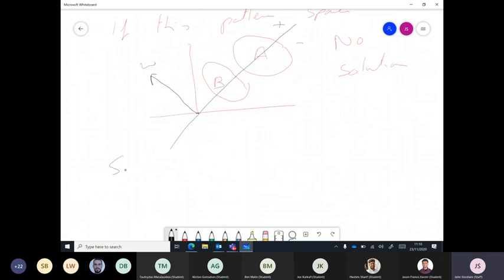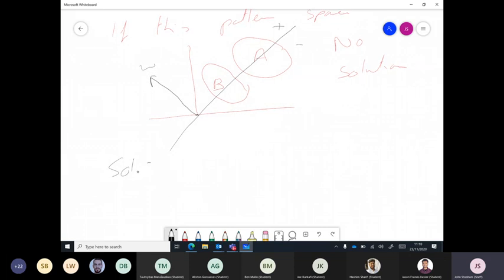The solution is to use a bias, and the bias is an extra element.